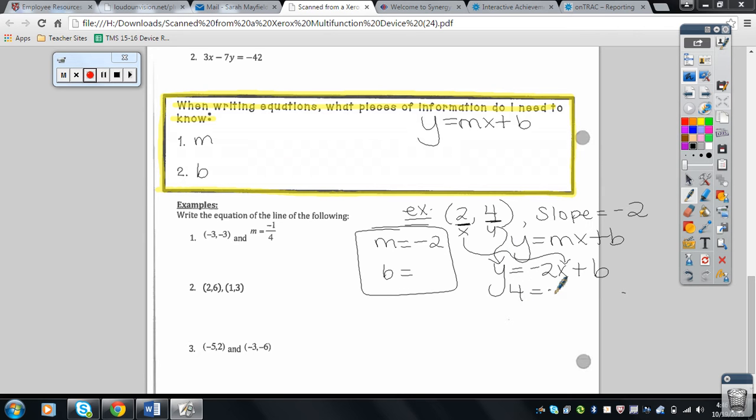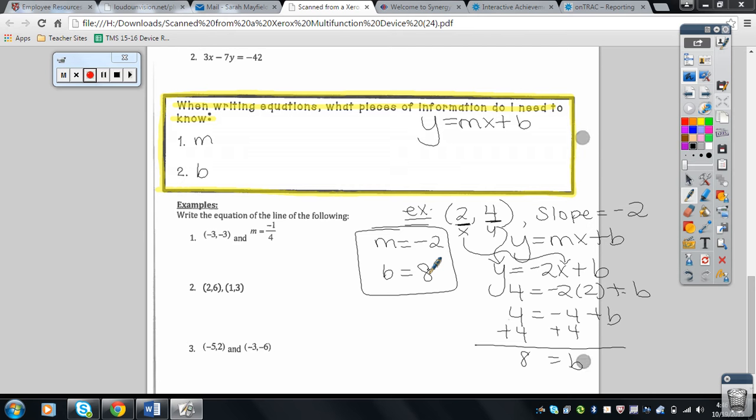So 4 equals -2 times 2 plus b. So solve for b. 4 equals -4 plus b. Solve for b by adding 4. b equals 8. All right, so let me fill that in over here.